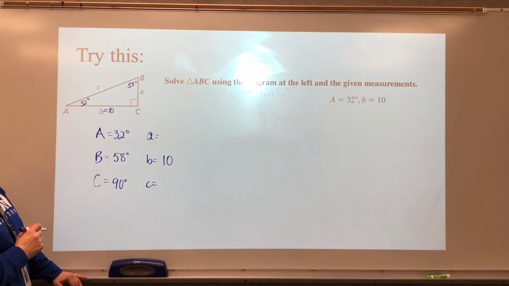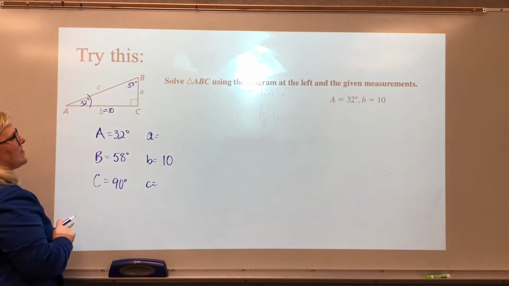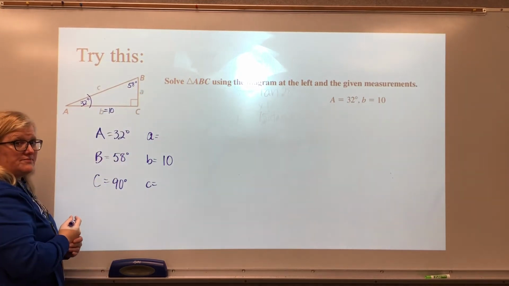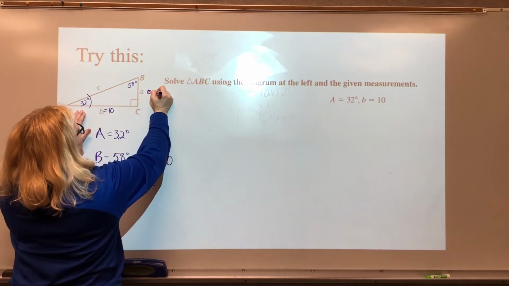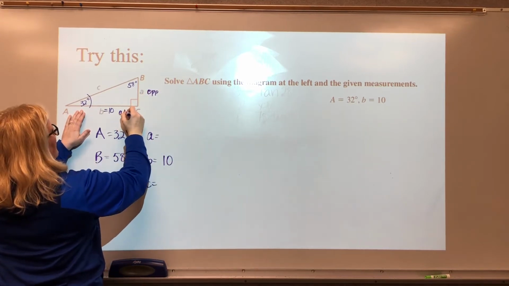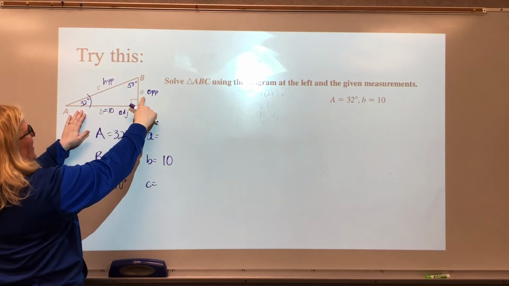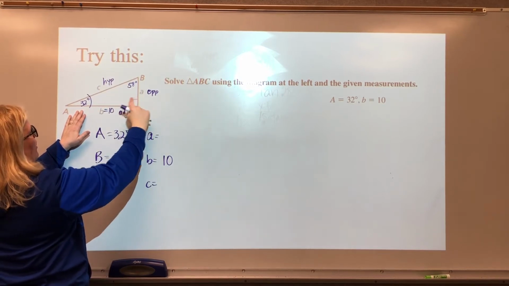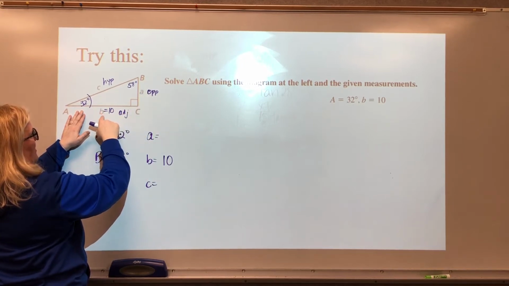All right, so let's see what we want to find first. I think I'm going to use the 32-degree angle. I could use the 58-degree angle, but I'm going to use 32. This is my opposite side. This is my adjacent side. This is the hypotenuse. Okay, and if I want to find A, I have the opposite over the adjacent, because I've got the 10 here.